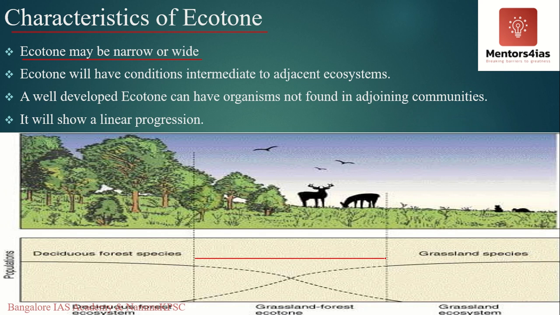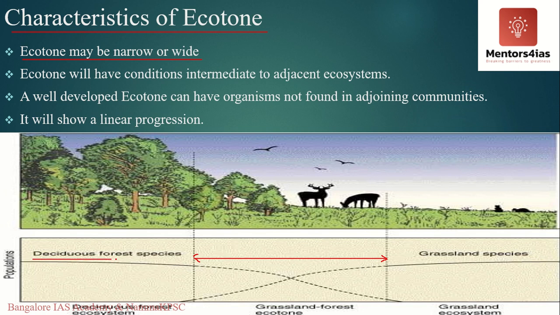So in the previous image I showed you this transition zone between a forest and a desert where you have a grassland. Now the extent of the grassland between the forest and the desert may be very large. I also told you that the grassland in itself may be another ecosystem. So if the grassland itself is another ecosystem, you may also have a transition zone between the forest and the grassland.